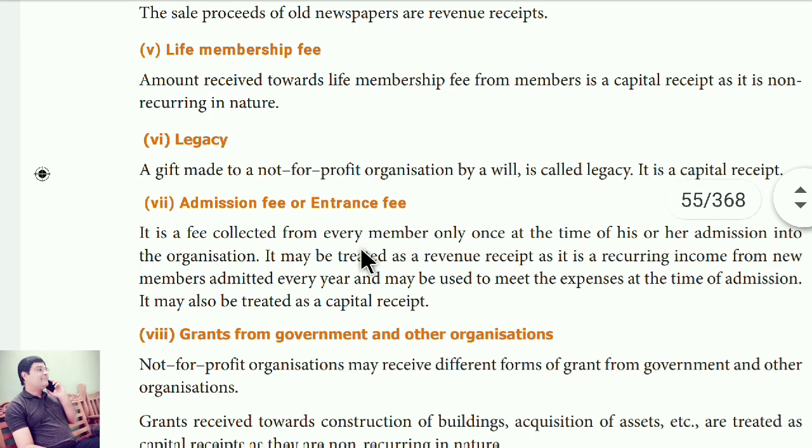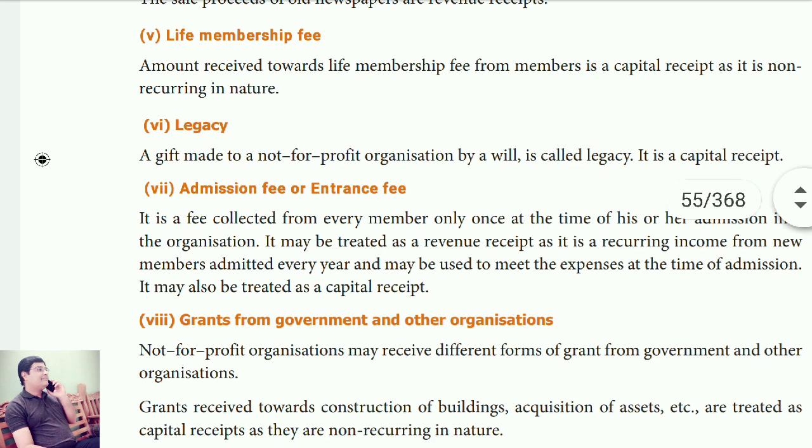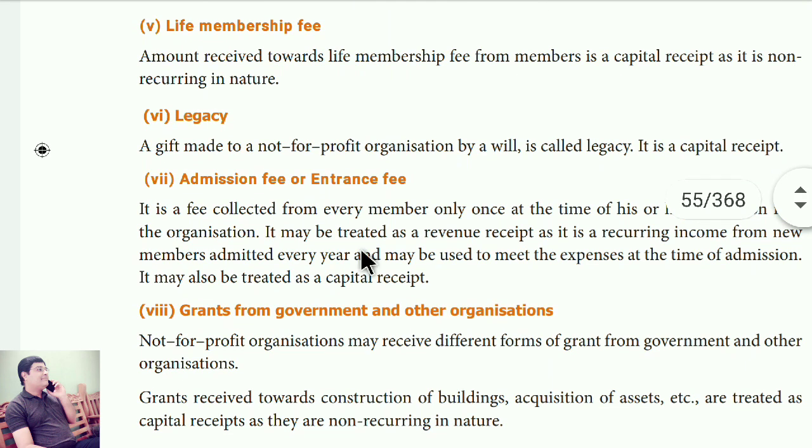Next item, which is very important also in your textbook, this is the fourth short answer: life membership fees. Amount received towards life membership fees from the members is a capital receipt as it is not recurring in nature.